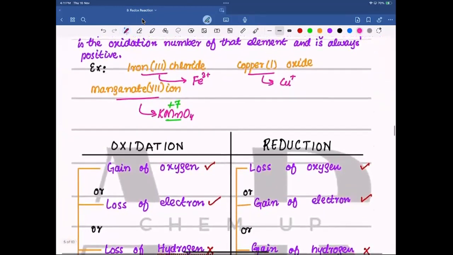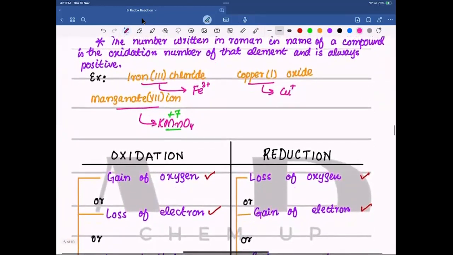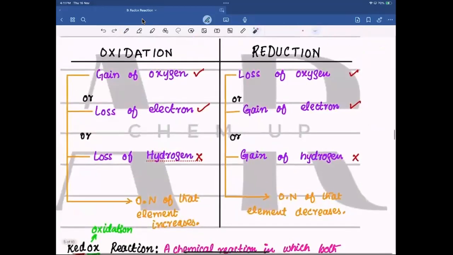So these are the 3 cases of oxidation and reduction. Till where have you written? Okay. You're done till here? Okay. So there are the 3 cases.